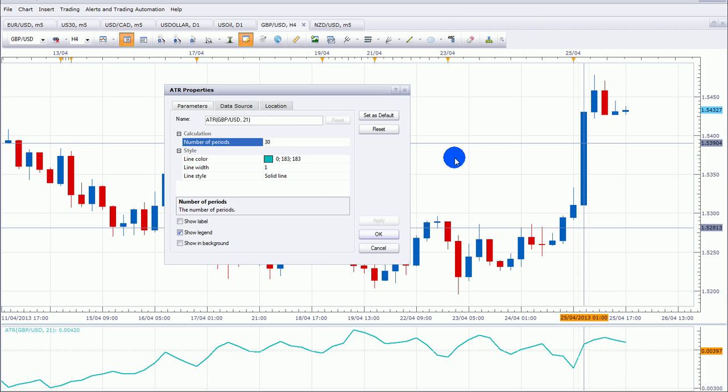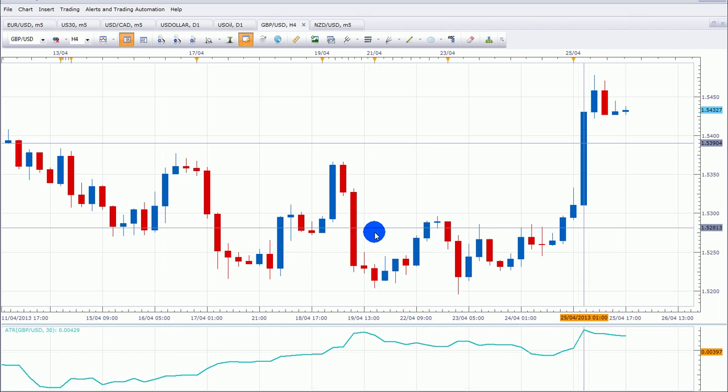The 21 period average true range on the daily chart covers the entire month's average, while the 30 period average true range on the 4 hour covers the entire week. So how much does the market move on average from low to high in a 4 hour period? The answer I got was about 44 pips.